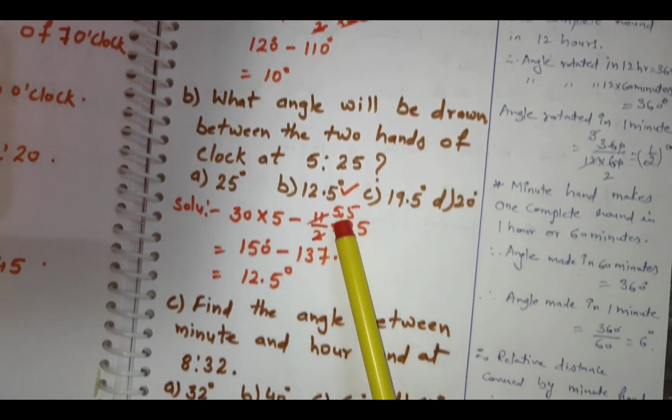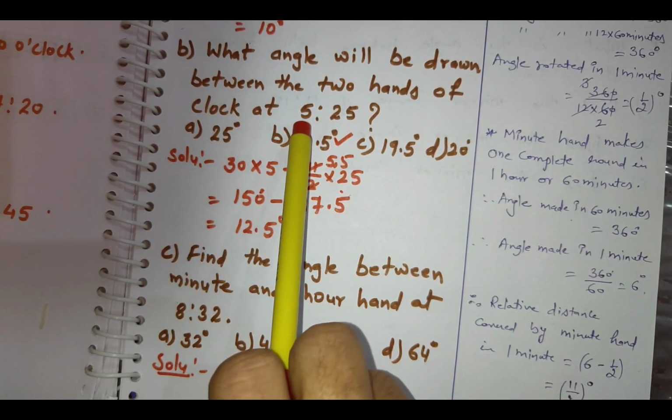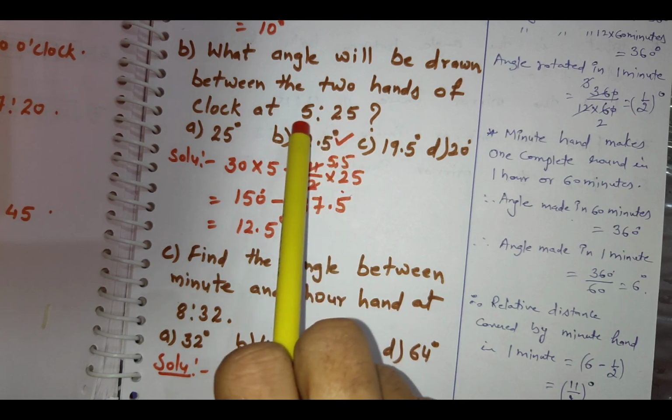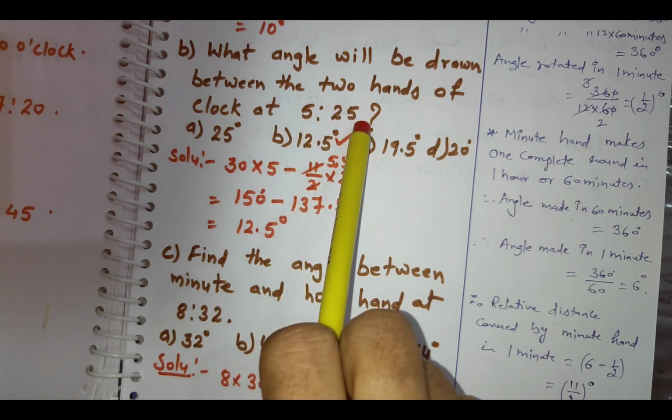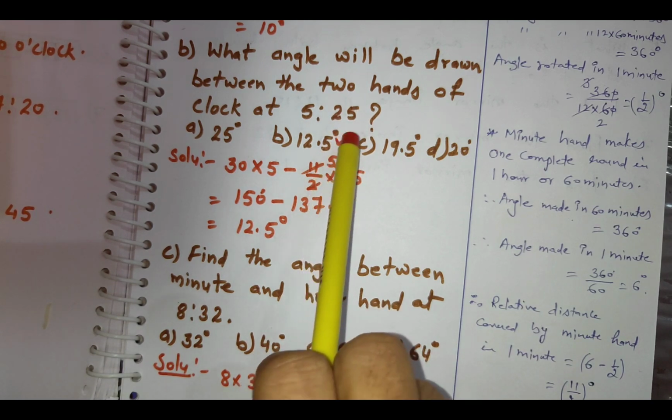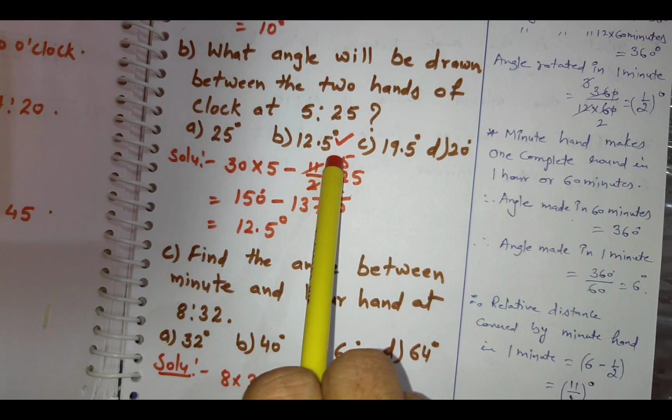Now observe the second one. In the second question also, what is the relation? 1:5. 5:25 means 1:5 only. Now observe the angle you have got by calculation, half of 25, right?